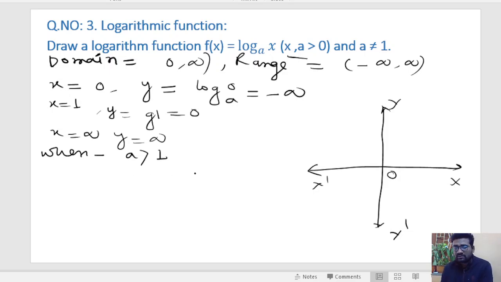So when a is greater than 1, the function is strictly increasing, and when 0 less than a less than 1, this is a strictly decreasing function. So I have drawn the line x equals 1, and as x goes to 0, in minus infinity, the function goes like this.